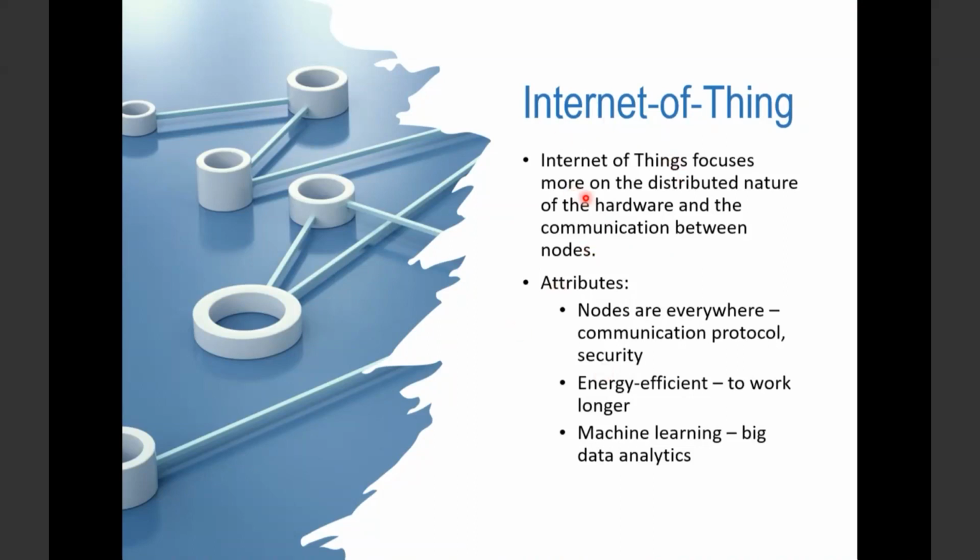The Internet of Things will focus more on the distributed nature of the hardware and the communication between nodes. The attributes of IoT are as follows. Nodes are everywhere; we have a lot of nodes around the world, using communication protocols and security. IoT might also have energy efficiency so that it can work longer.